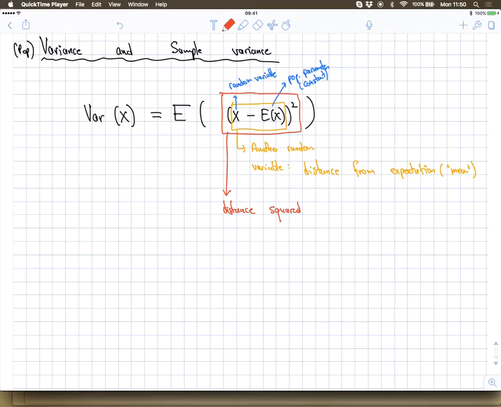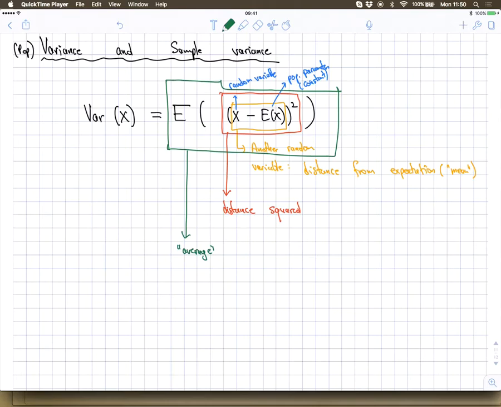So this distance squared, which is also another random variable, has also a PDF, a probability distribution function. I want the central tendency. I want the expectation of this whole thing. So what is the variance intuitively? It's the average, right? I shouldn't really call it average, but it might be easier that way to think about it.